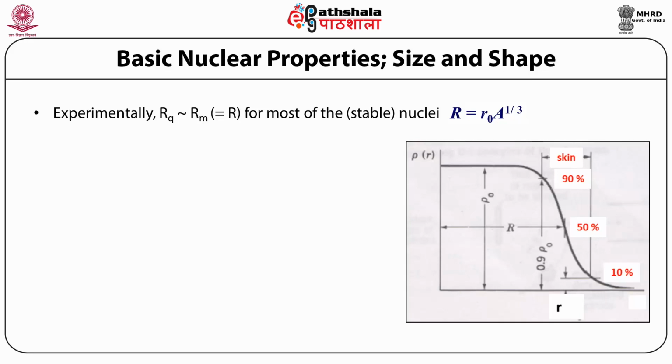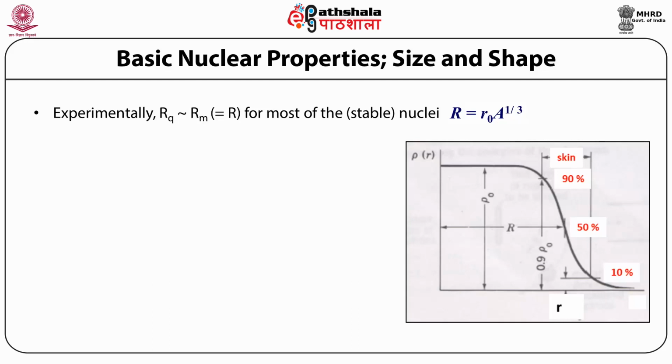And as we have seen in the previous slide also, for different masses we observed that as the mass number increases, the value of R, that is the size of the distribution, increases. So it suggests that the size of the nucleus depends upon the mass number of the nucleus.